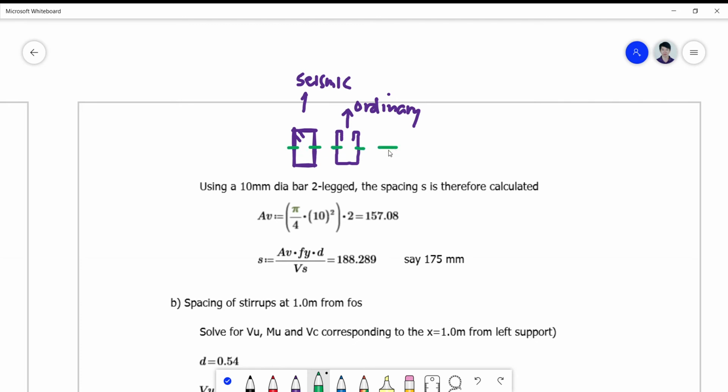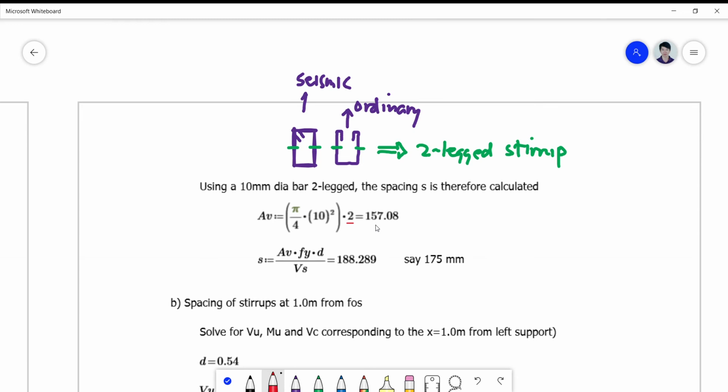Okay, so this is actually a two-leg stirrup because the vertical contribution of the stirrup is measured on these two sides here. So Av is computed by simply getting the area of a circle with a diameter of 10 and multiplying it by 2, since this is a two-leg stirrup.